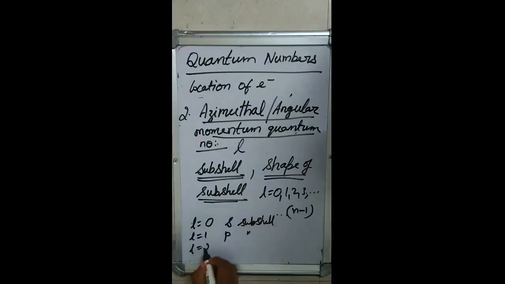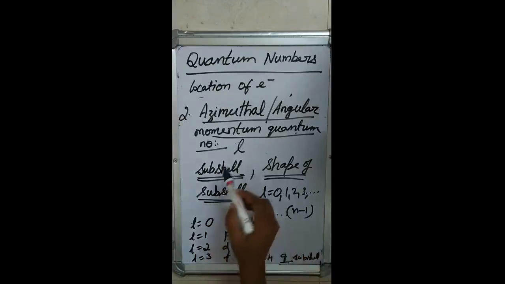If L is equal to 2, then it is a D subshell. If L is equal to 3, F subshell. If L is equal to 4, then it is a G subshell. But atoms having a G subshell have not been discovered. Only S, P, D, F are discovered.